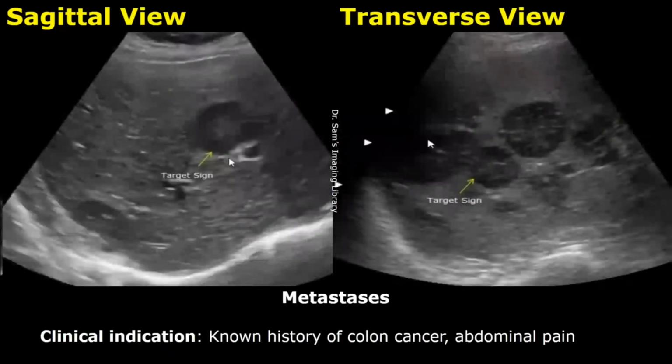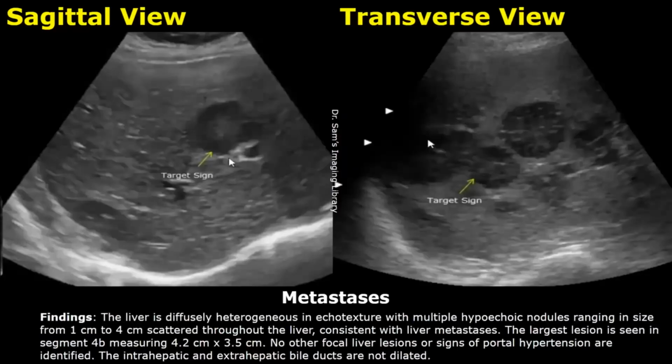Now we will look at liver metastasis. The clinical indication in this case was a known history of colon cancer and abdominal pain. In the findings, you can mention the heterogeneous echotexture of the liver, multiple hypoechoic nodules, their sizes and their distribution throughout the liver.